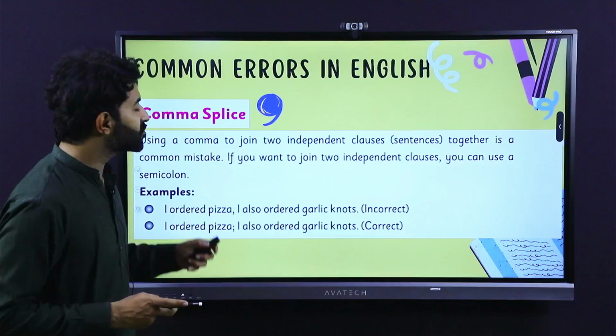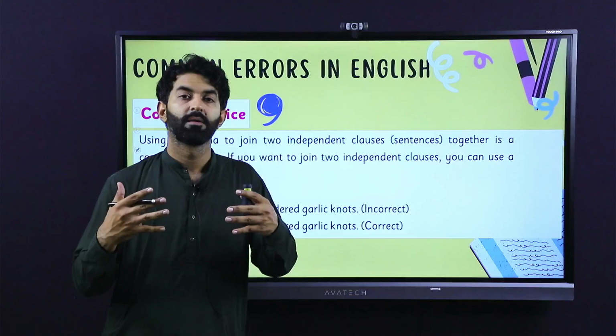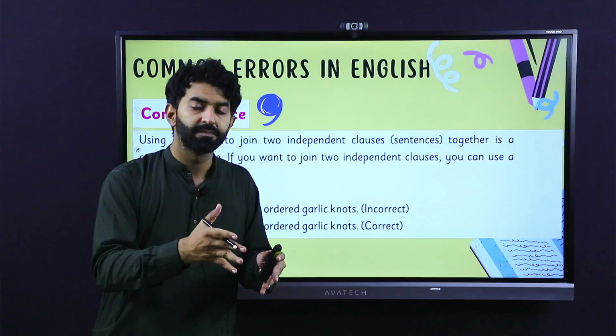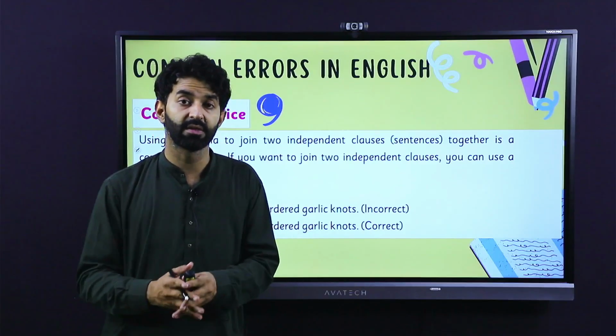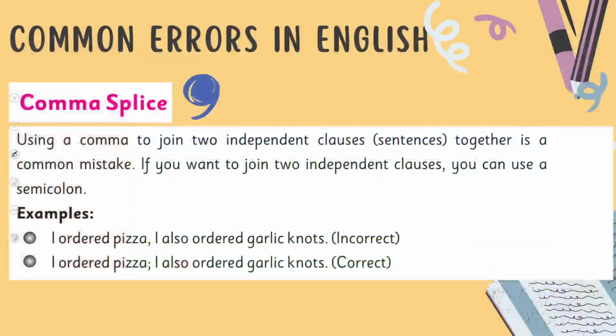Now, let's talk about commas. We know that commas are used for breaking up the sentences, for pausing, and for mentioning more than one thing in the list of different items. So, using a comma to join two independent clauses together is a common mistake.